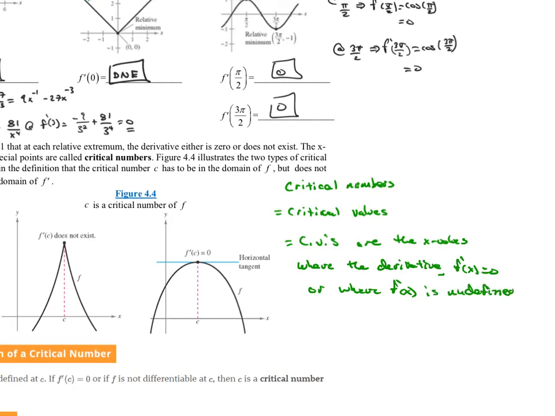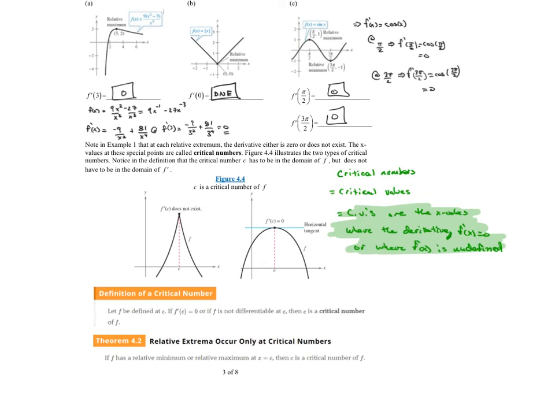This is hugely, hugely important, so I'm going to highlight it. Critical values are the x values where the derivative f prime of x equals 0, or where f prime of x is undefined. Where the derivative is equal to 0 or undefined, that is our critical values.